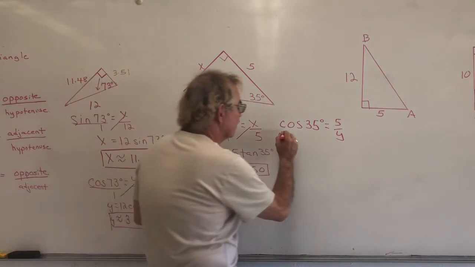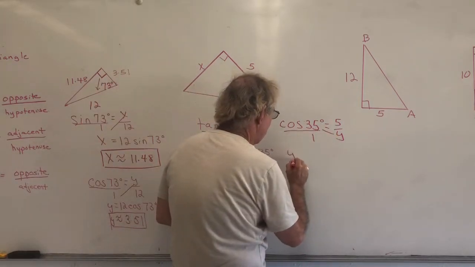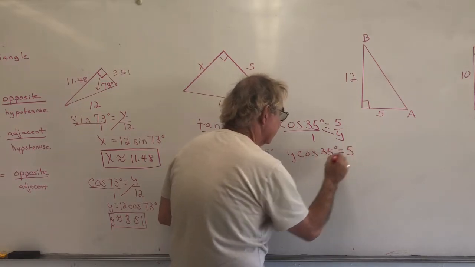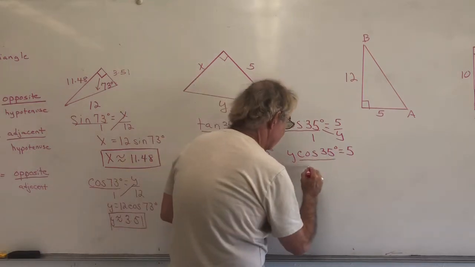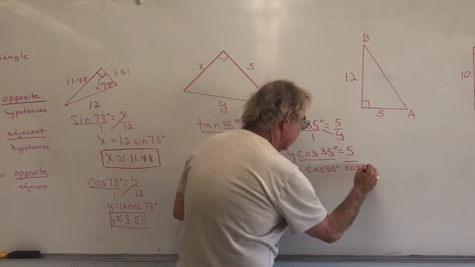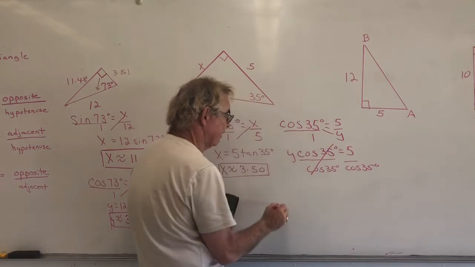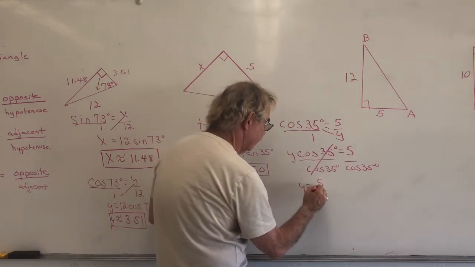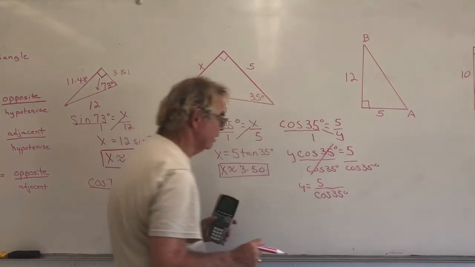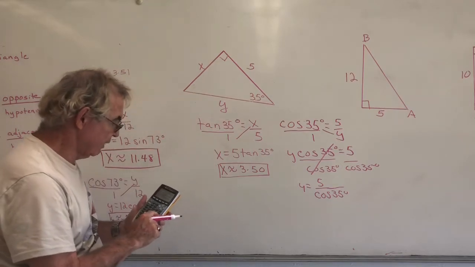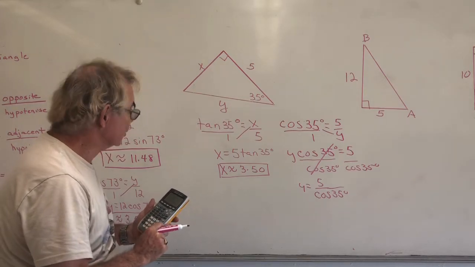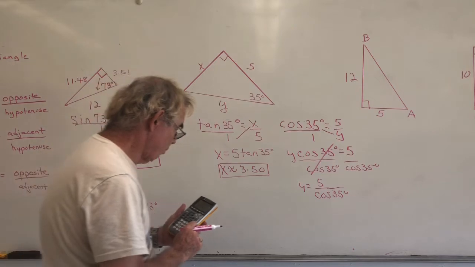If we cross multiply, we have y cosine of 35 degrees is equal to 5. Then divide by the cosine of 35 degrees, and you get y is equal to 5 over the cosine of 35 degrees. Type that into your calculator, 5 divided by cosine of 35, and you'll get approximately 6.10.